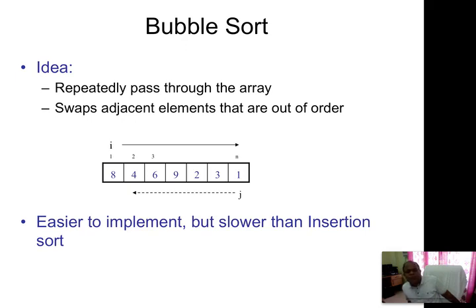In the first pass you have to compare the elements starting from the last element towards the beginning element, and in each comparison you swap the two adjacent elements if they are out of order. We will see that this algorithm is easy to implement, but slower than insertion sort. How it is slower than insertion sort, we will see.